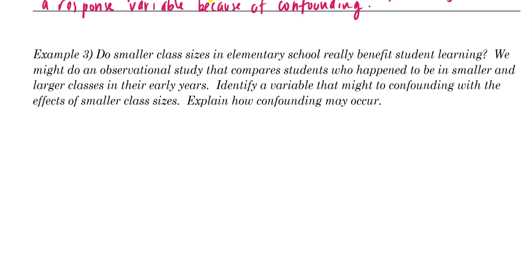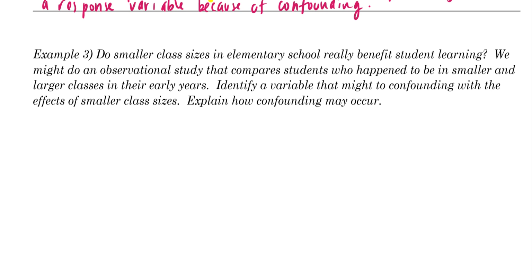So think about the situation I've just sort of explained, and maybe identify a variable that might lead to confounding with the effects of smaller class sizes. So meaning, let's say I do find that the kids who were in 10 or 15 sized classrooms do have higher GPAs.